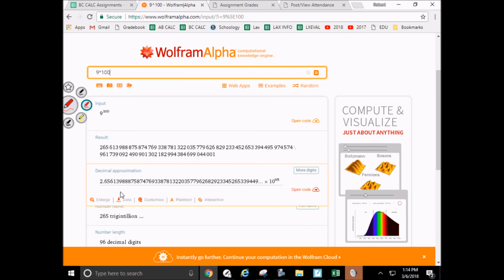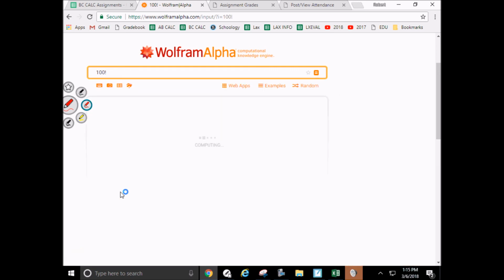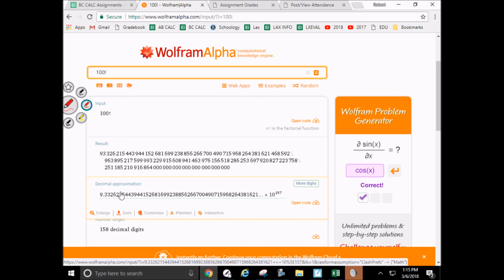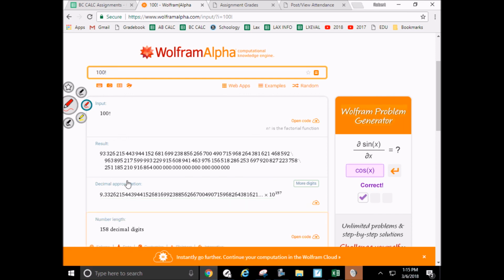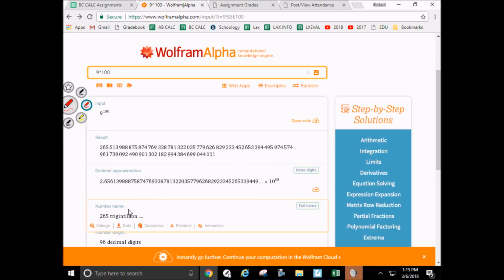Well, think about 100 factorial. We are multiplying 100 numbers together, but 90 of them are bigger than 9. So we'll see that 100 factorial is definitely bigger than 9 to the 100th. This is 158 digits long compared to 9 to the 100th, which is 96 digits long.